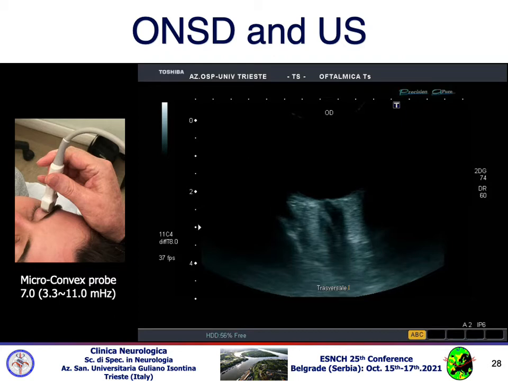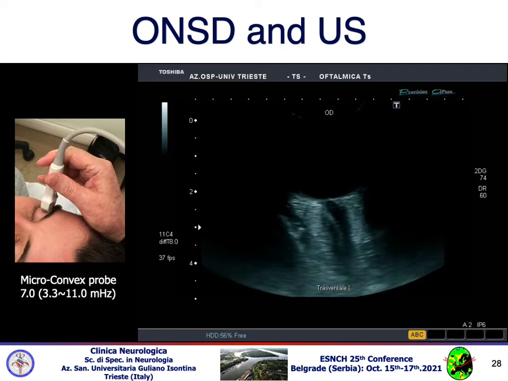Here we see that it's not so easy to recognize the structures because of the tortuosity of the nerve, and you have to remember the tortuosity of the nerve is one of the things that happens when intracranial pressure is elevated.